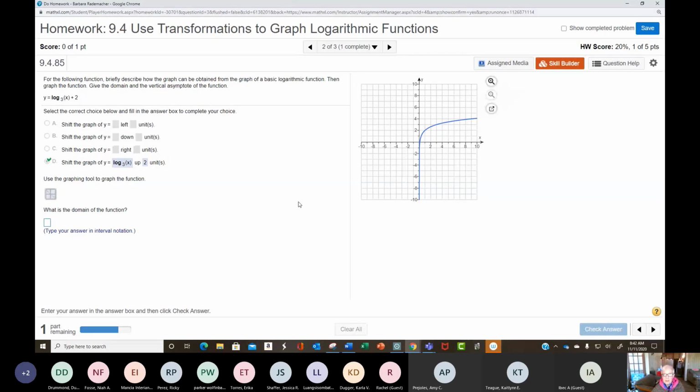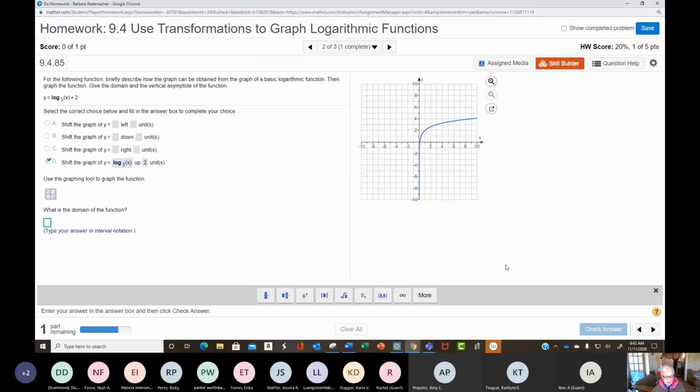What is the domain of the function? Well, here we didn't shift sideways, so the domain is still 0 to infinity, with a parenthesis. 0, comma, infinity, parenthesis.